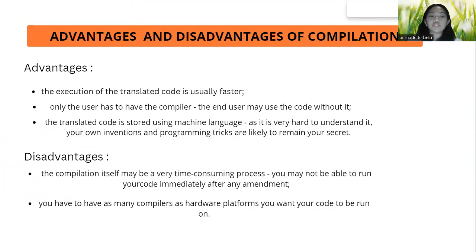So when your code is turned into machine language, it becomes hard to understand, which will keep your program files secret. The disadvantage is that the compilation itself may be a very time-consuming process, and you have to have as many compilers as hardware platforms for your code to be run.